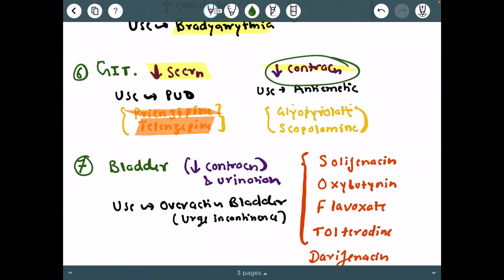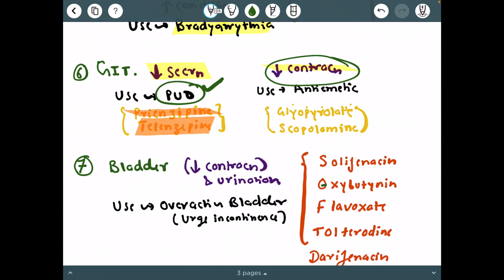First of all, why will we decrease the secretion? It is decreased in cases of peptic ulcer disease, where there is increased HCl secretion. Also, when will we give the M3 blocker which decreases the contraction?